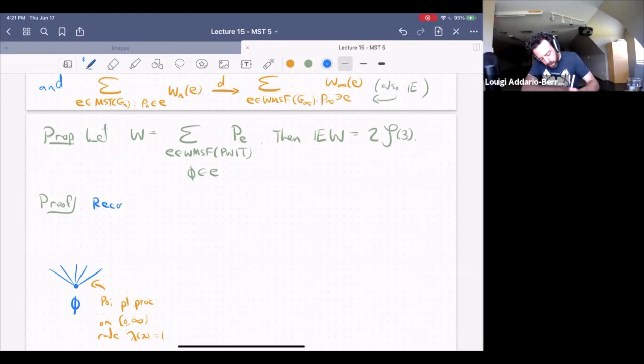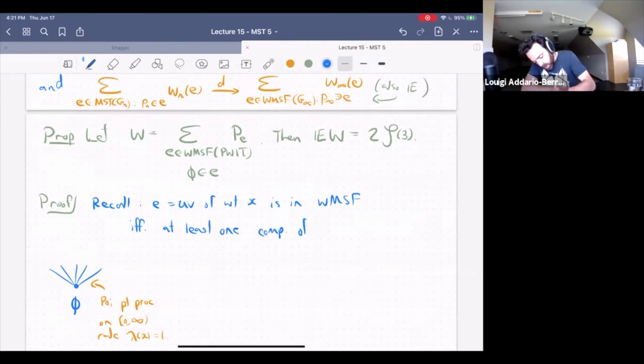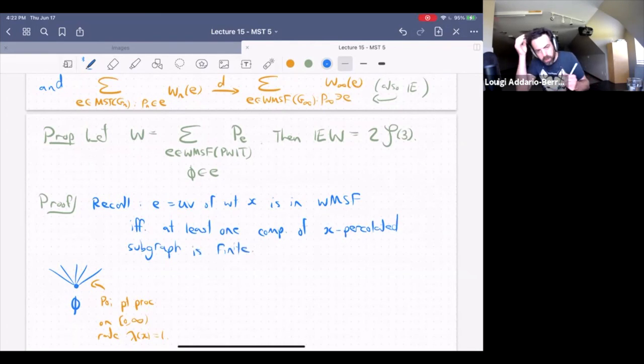Remember that an edge UV, let's say of weight X, is in the wired minimum spanning forest if and only if at least one component of the X percolated subgraph is finite.